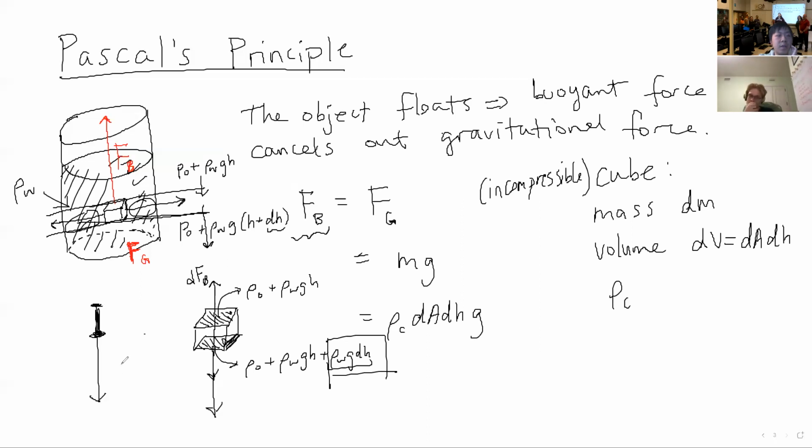The bottom is experiencing some force F plus dF, and the top is experiencing a force F. But since the bottom cannot be compressed, there has to be a force on the bottom, dF, that is counteracting it, right? So both surfaces will be experiencing the same force F downwards, and the object will stay in whatever form it is.